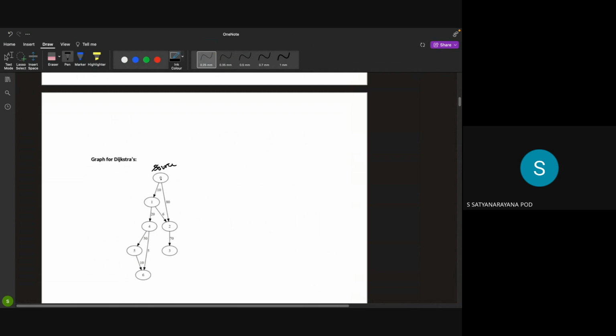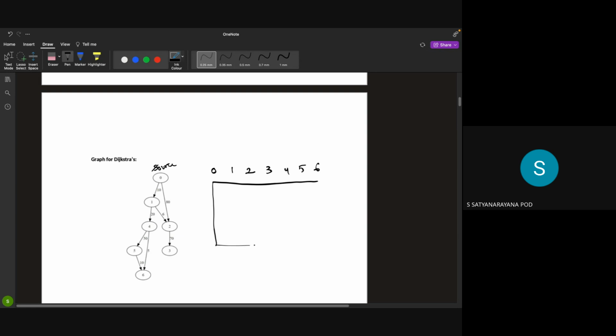Whenever you start from this source, how many vertices are there? 7. So let's create a list with indices 0, 1, 2, 3, 4, 5, 6.